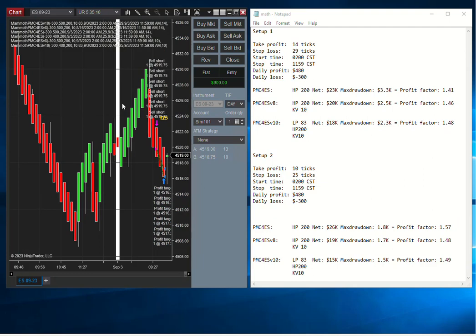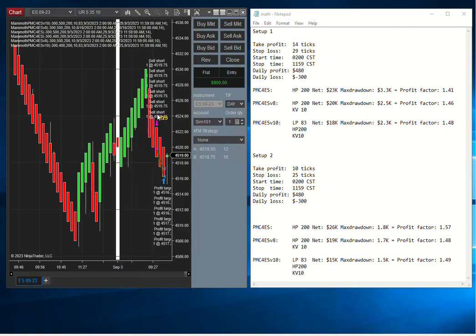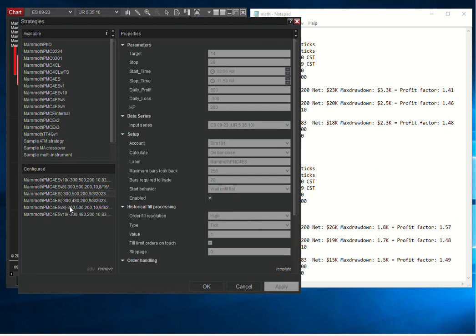On this chart I have one, two, three, four, five, six strategies loaded, right?